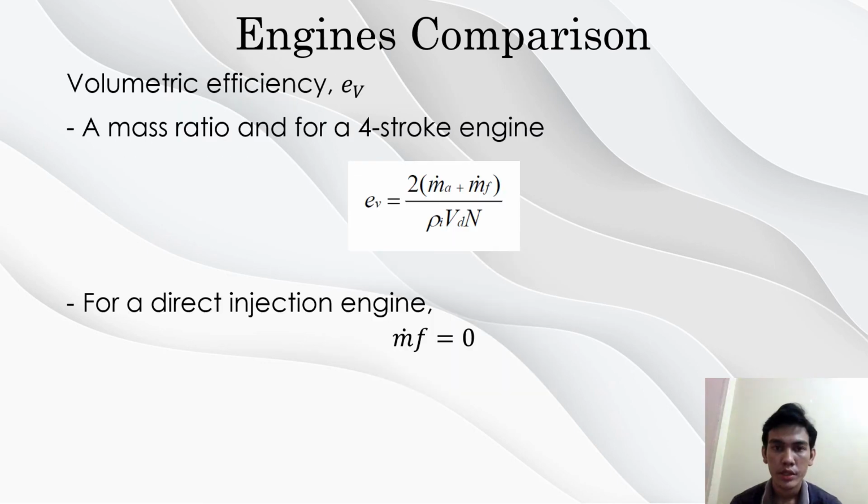The volumetric efficiency is based on the mass ratio, and for a 4-stroke engine, this is the formula. For the direct injection engine, m dot f is equal to 0.